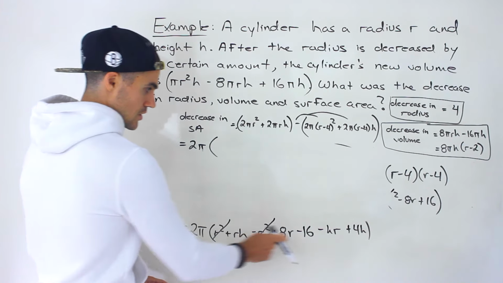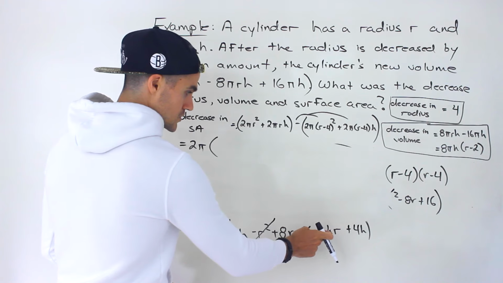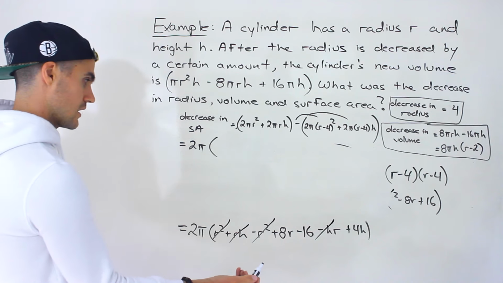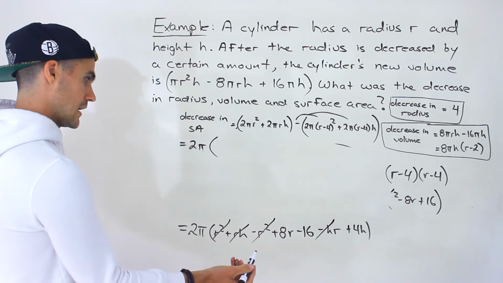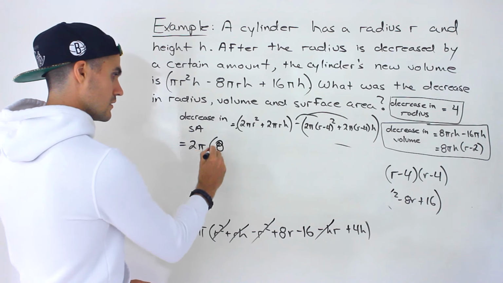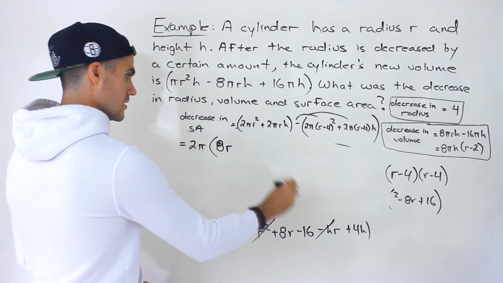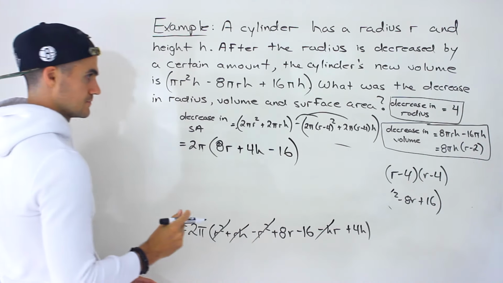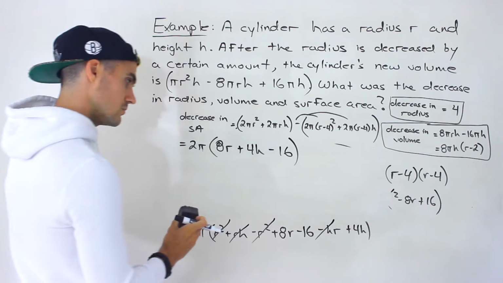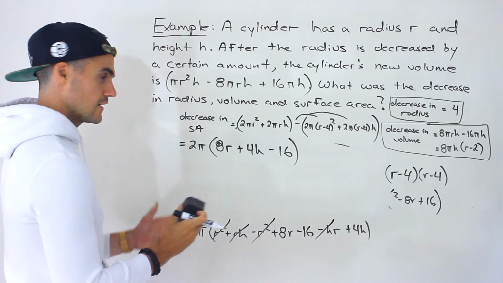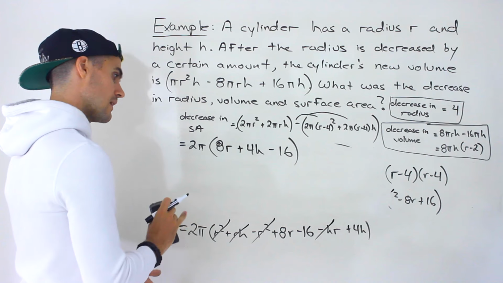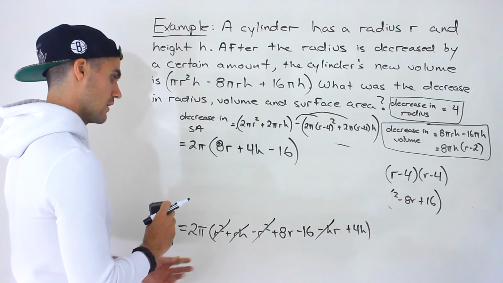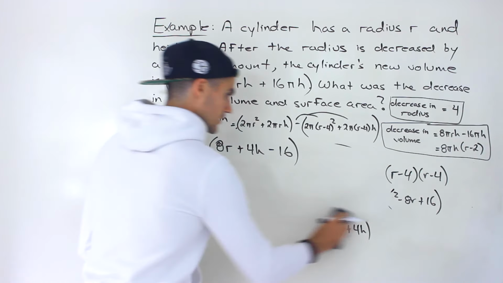So this and this cancel out. And then we'd be left with 8r plus 4h minus 16. Like the decrease in volume, I am going to give both a factored form and an expanded form. I just want to make sure that I got everything before I erase. Yes, we're all good.